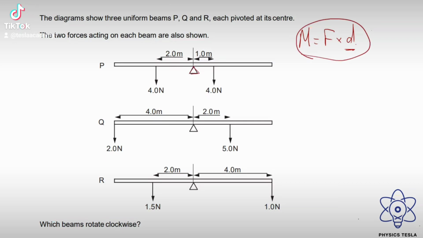Okay, now the question is: which beams rotate clockwise? This is one of the confusing questions for students, because it is all the time difficult for them to detect which direction it will be, clockwise or anti-clockwise. There's a rule for this type of question.